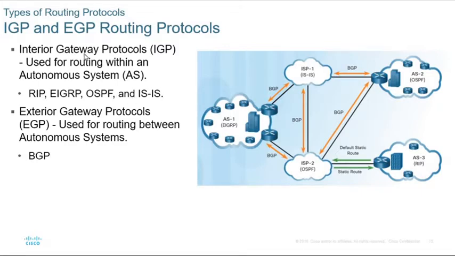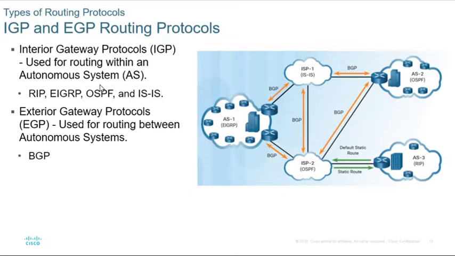So that's where the exterior gateway protocol comes into the picture. EGP, on the other hand, is used for routing between ASes. Remember that: IGP is used for routing within an AS, an autonomous system like a company or organization.